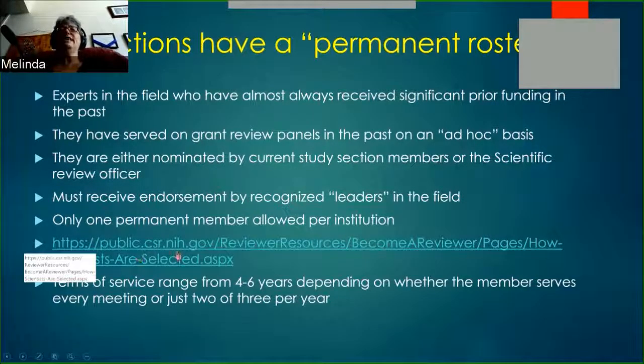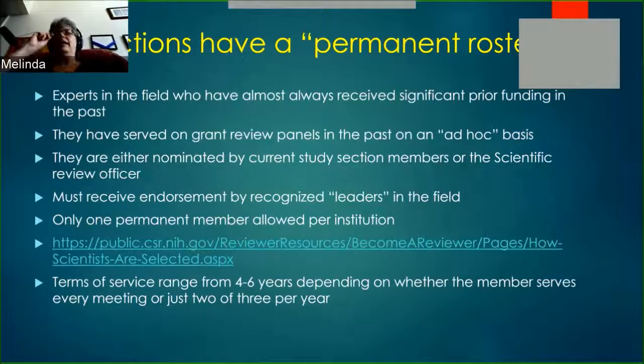It's definitely worth looking at this site, which is talking about how reviewers are selected. Now, the terms of service on a study section range from 4 to 6 years.